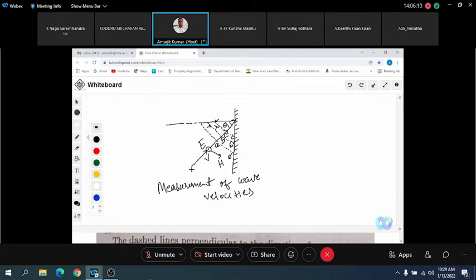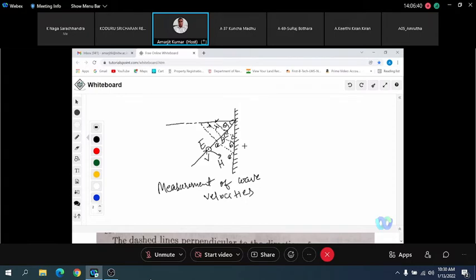In the medium, the wave is incident with velocity v, and the incident direction is θ1. So θ1 is the angle which the incident wave makes with the normal direction. This is the bounding surface.